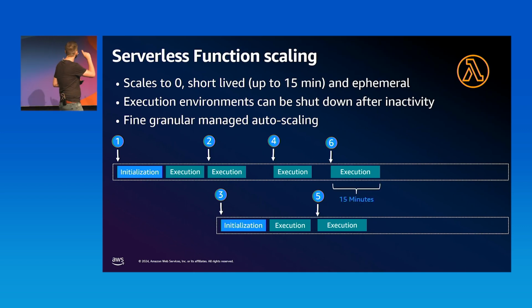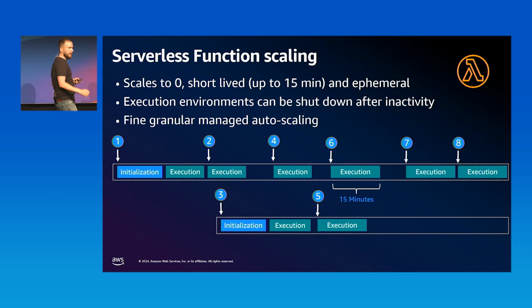The execution itself can have a maximum of 15 minutes, so this is something to keep in mind. If you have very long-running, complex calculations that you cannot further divide or something like that, or very long-running CI/CD jobs, then keep that limit in mind, because that would not work with Lambda in that case. And also, after some time of inactivity, this is the couple of minutes that I mentioned, the execution environment can be shut down afterwards.